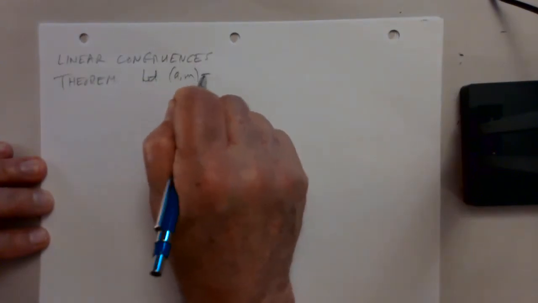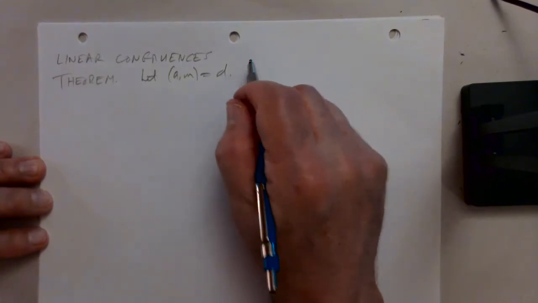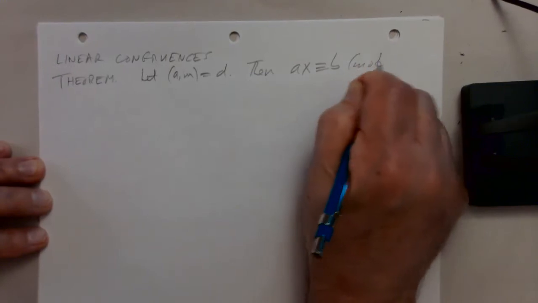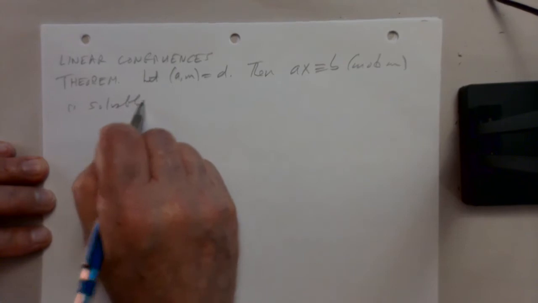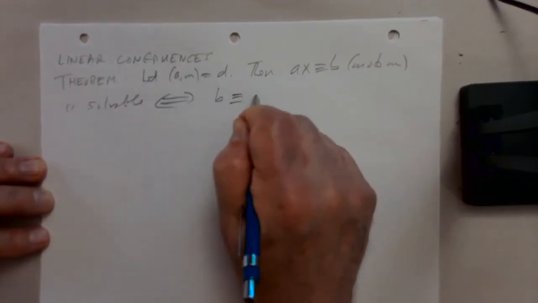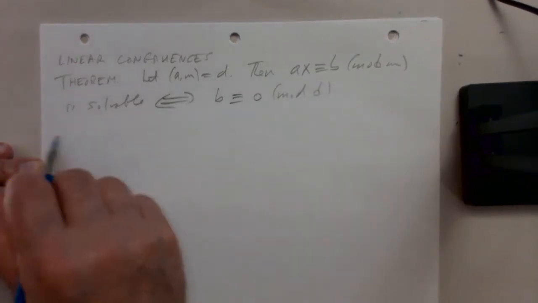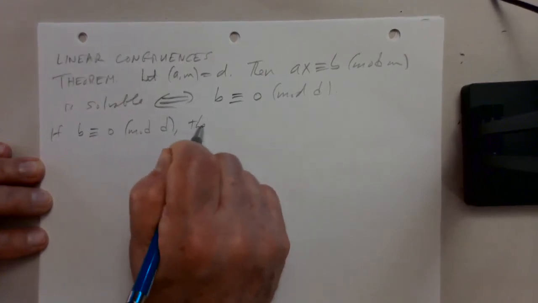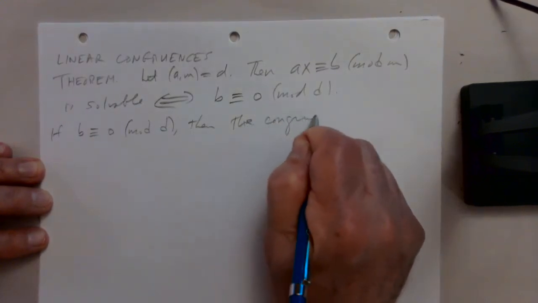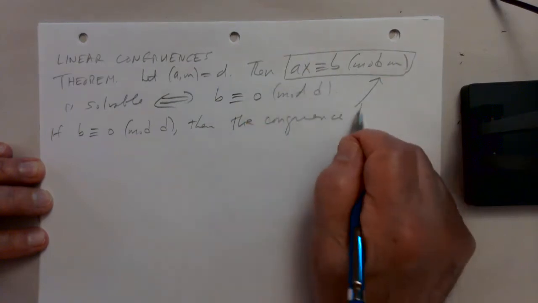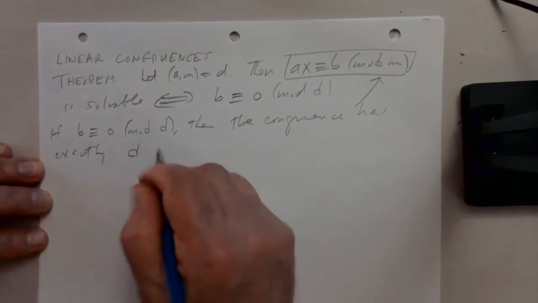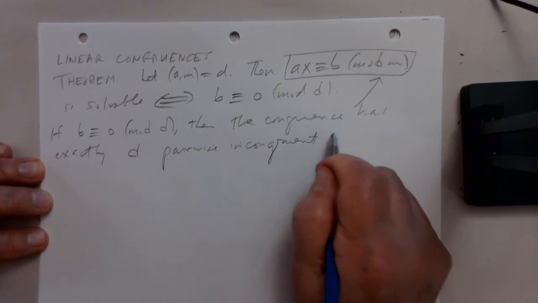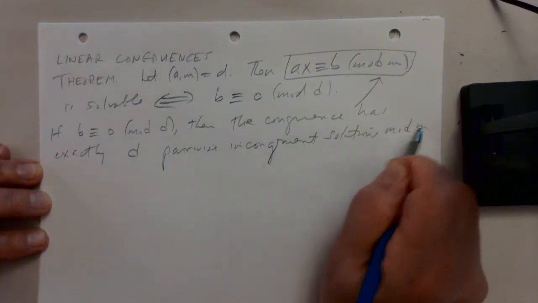Let A and M be integers with greatest common divisor D. The linear congruence AX congruent to B mod M is solvable if and only if B is divisible by D, meaning congruent to 0 modulo D. And in the case when the congruence is solvable, if B is congruent to 0 mod D, then that congruence has exactly D pairwise incongruent solutions mod M.